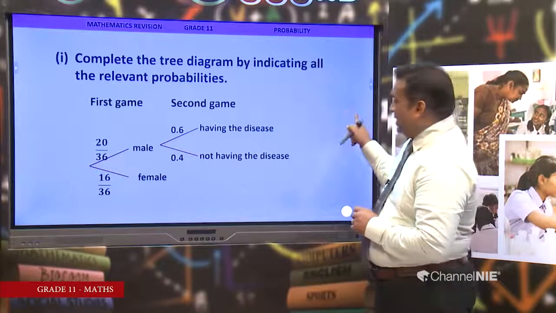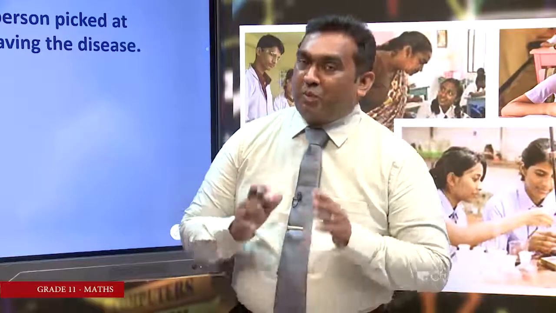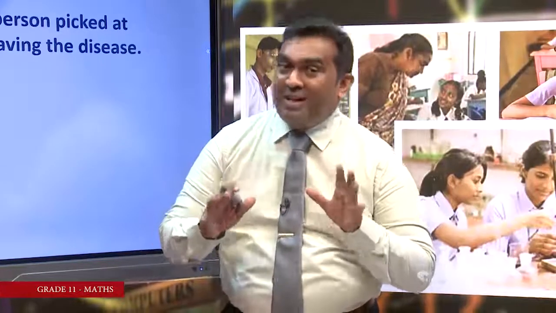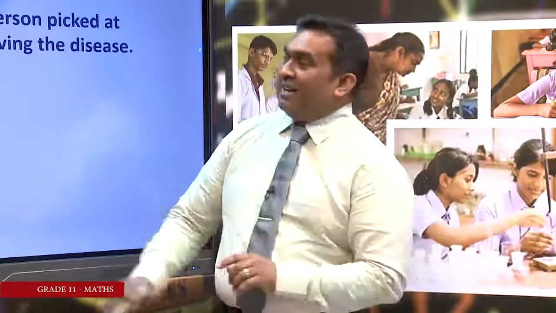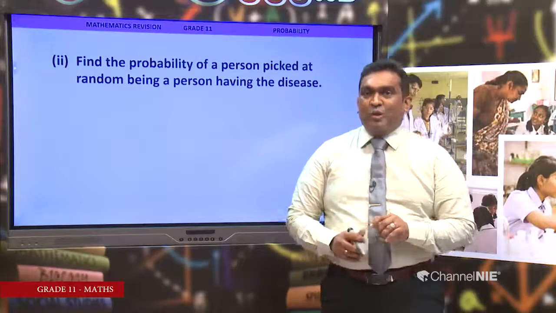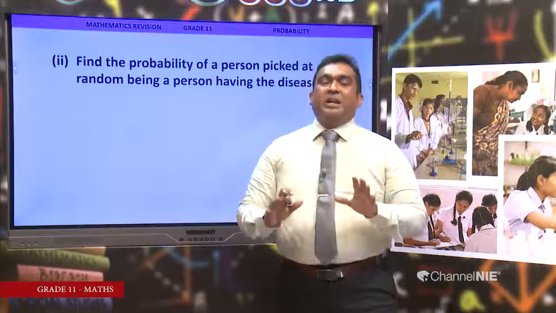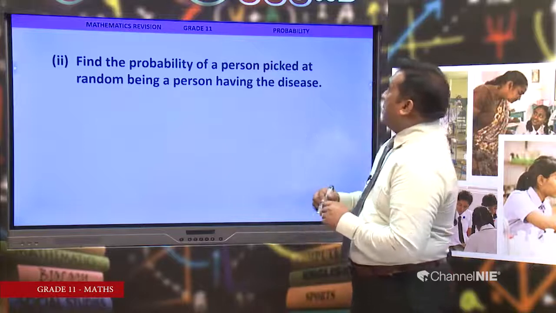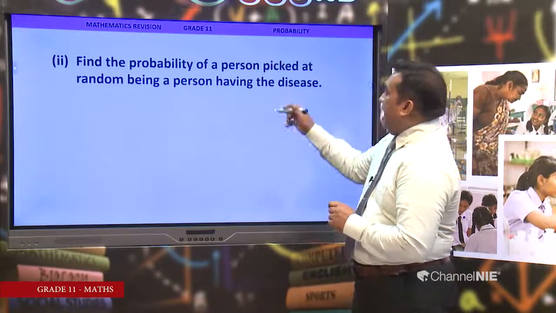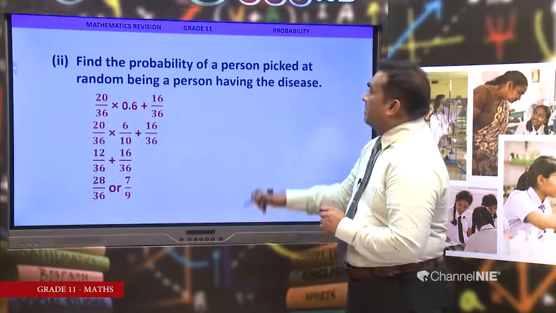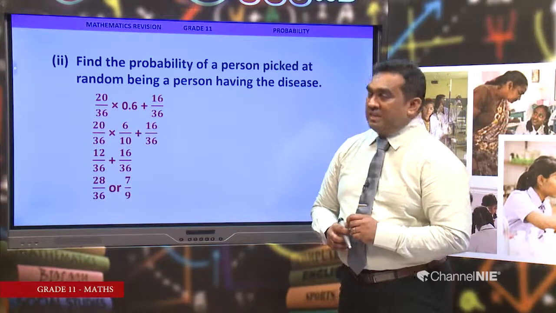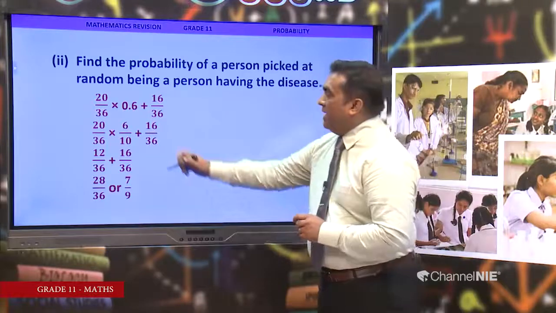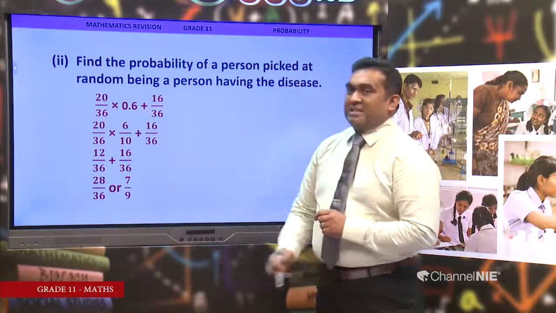Then how to do it? Now we want to find out the probability under 2 cases. You can see there are 2 cases here. According to those cases, we want to calculate the probability. Find the probability of a person picked at random being a person having the disease. Person means males, females, right? 20/36 being a male multiplied by 0.6.